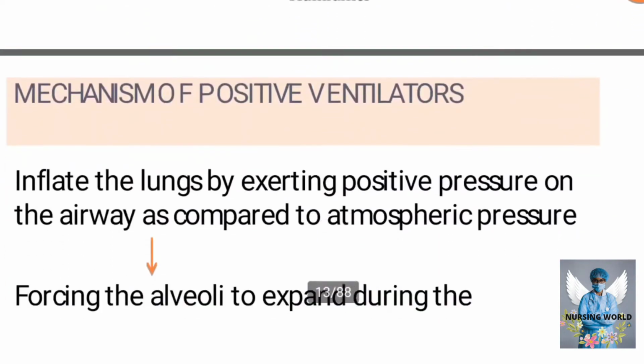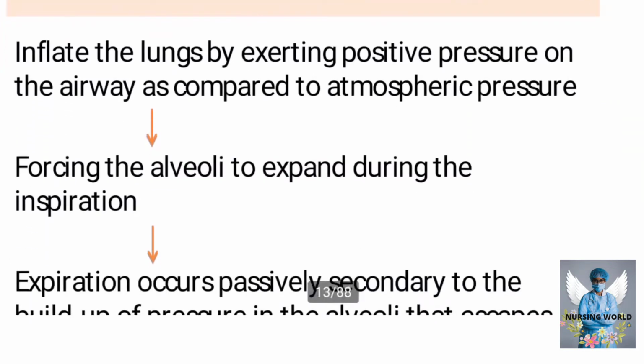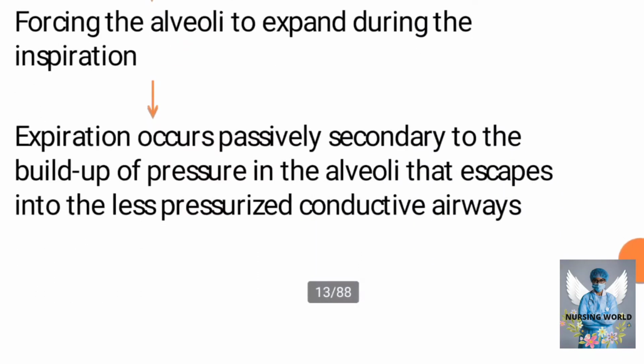The mechanism is to inflate the lungs by exerting positive pressure on the airways as compared to the atmospheric pressure. That forces the alveoli to expand during inspiration. Expiration occurs passively, secondary to the buildup of pressure in the alveoli that escapes into the less pressurized conducting airways.